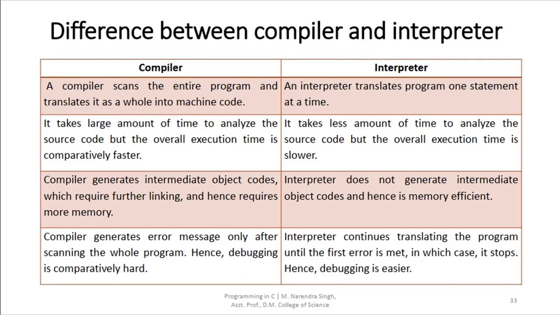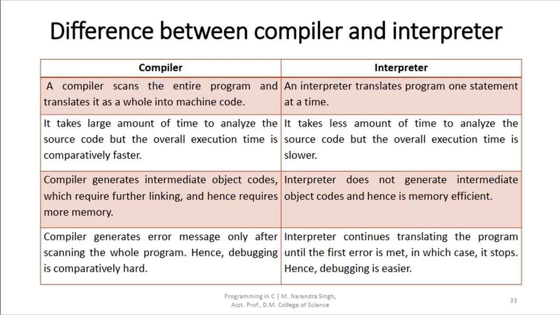Compiler generates error messages only after scanning the whole program, and hence debugging is comparatively hard. Debugging means correcting the errors. In computers, bug means any kind of error in a program, and the process of correcting those errors is called debugging.